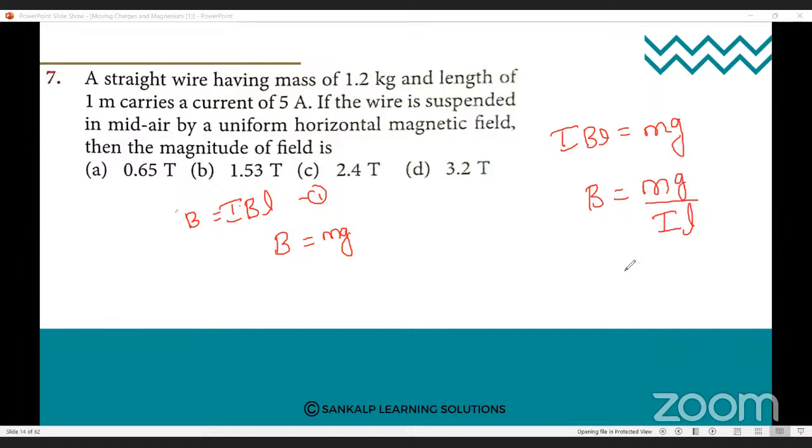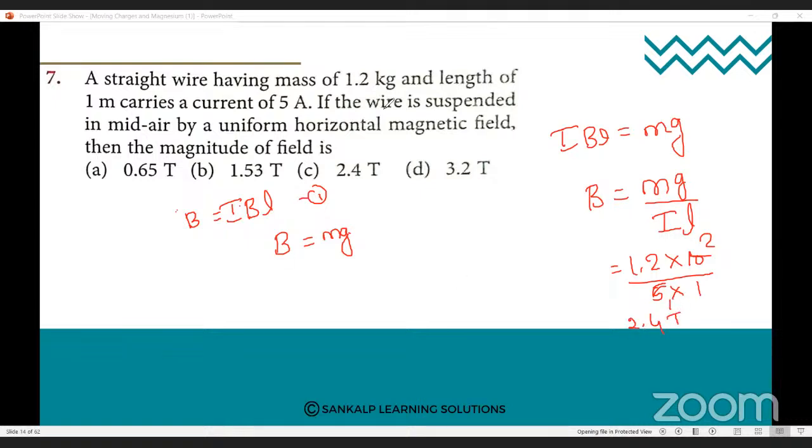Where the m value is given, students, 1.2 kg. For g, acceleration due to gravity, take 10. The I value is 5 ampere. The L value is 1 meter. So if you substitute and simplify, 5 ones are 5, 5 twos are 10, 1.2 into 2, it is nothing but 2.4 Tesla.